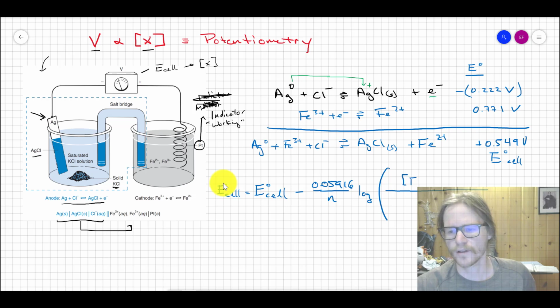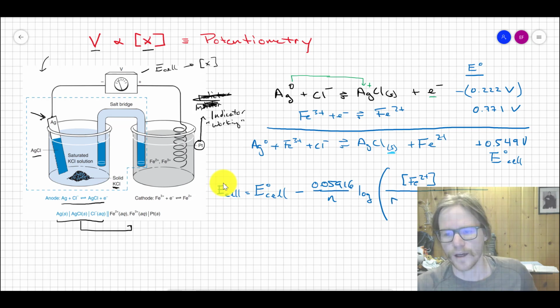So we've got iron 2 plus here, but remember this is a solid silver chloride, and so that does not factor into the overall cell potential, which is really nice. I'll tell you why that is in a second.